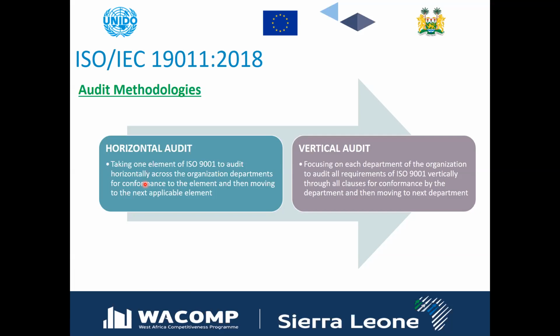I mean, one class in all departments is a horizontal audit, and all classes in one department is a vertical audit. And how to do the mix audit? Normally, as expert auditors, we use mix audit techniques. First we adopt horizontal, then we go to vertical, then horizontal, vertical.